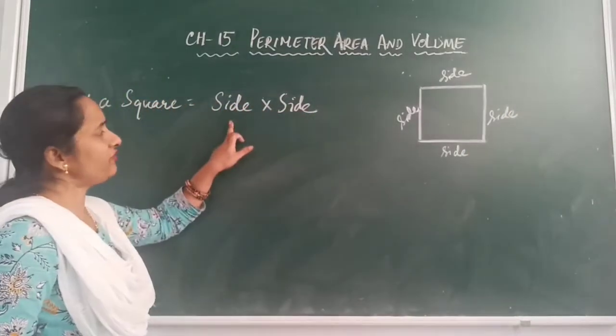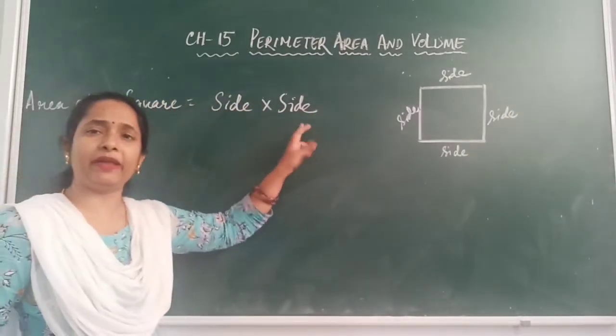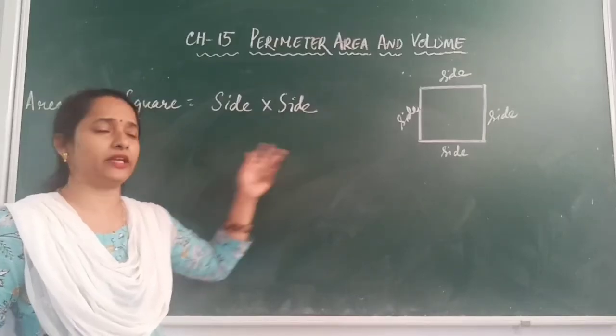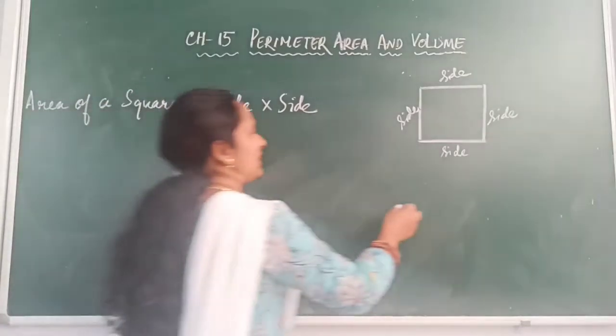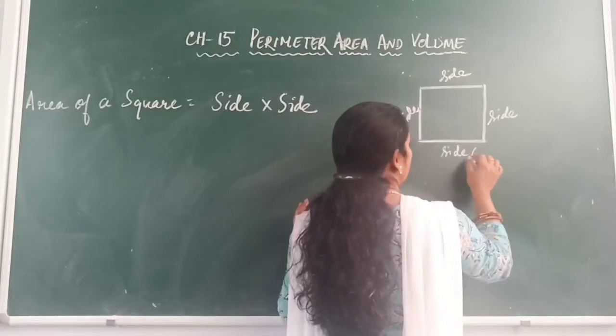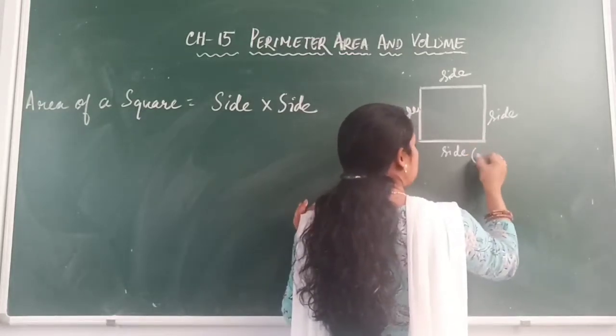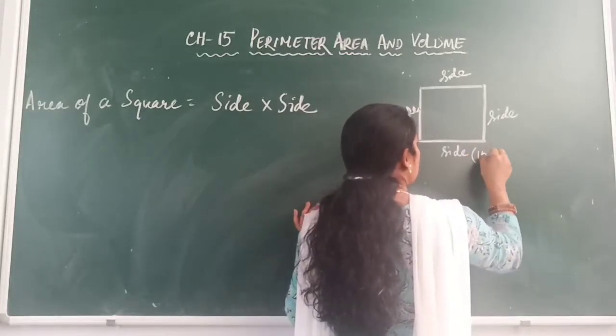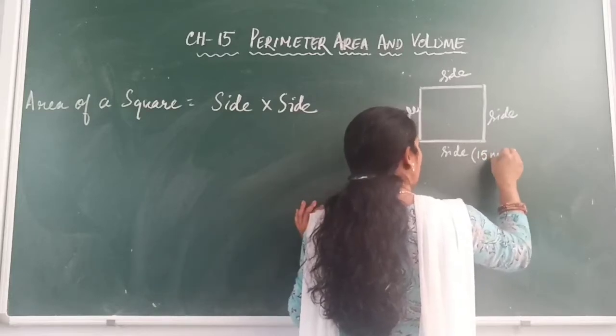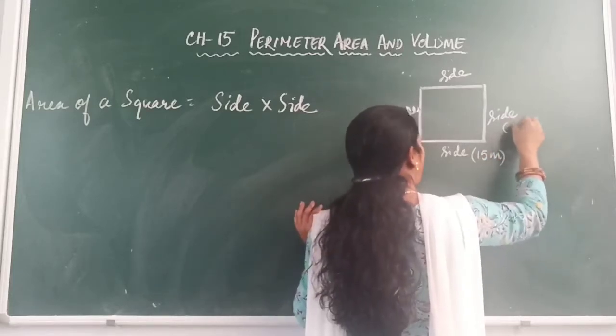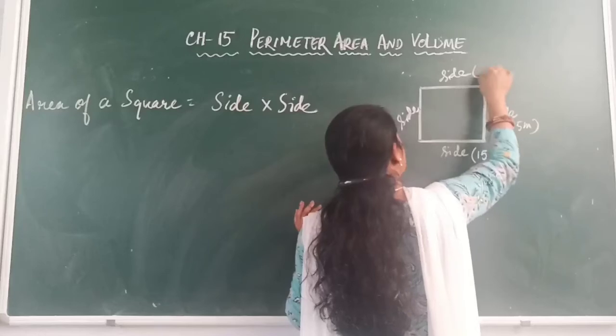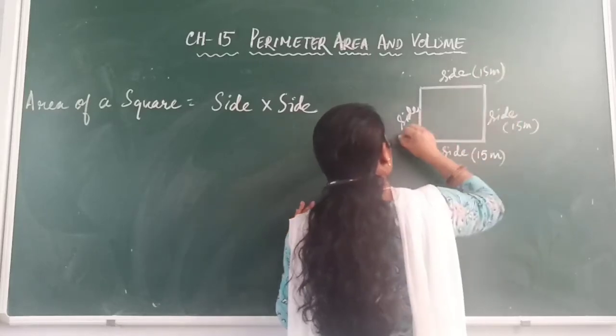So in the place of length you will get side and in the place of breadth you will also get the same side. Suppose the length of each side of this particular square is 15 centimeters or 15 meters, you take. So the length of all the sides will be 15 meters, isn't it?